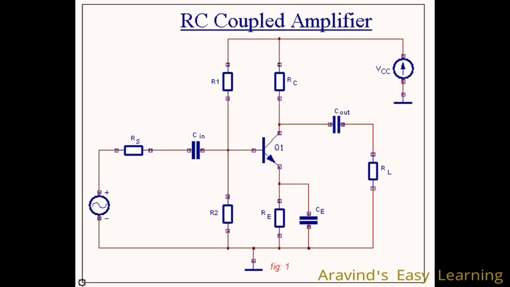I'll not go into much detail. It's enough that you use the word shunting effect when you speak about high frequencies. This shunting effect actually reduces the gain. Okay, I hope you understood that.